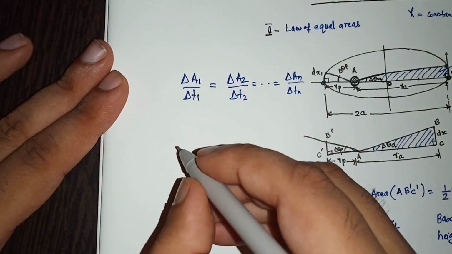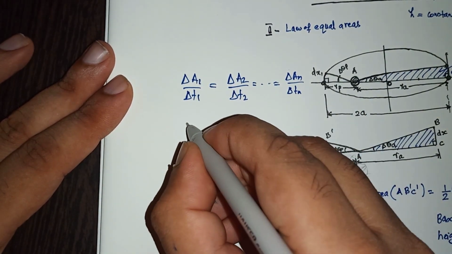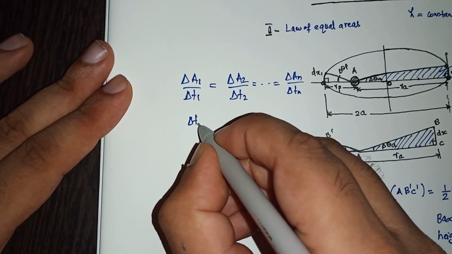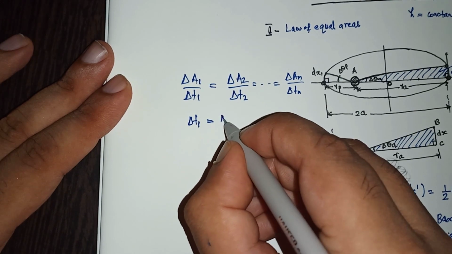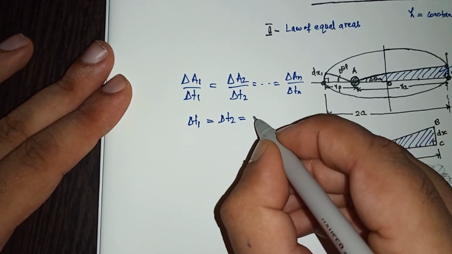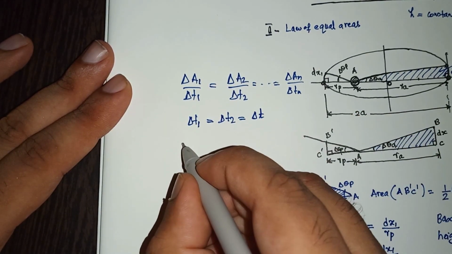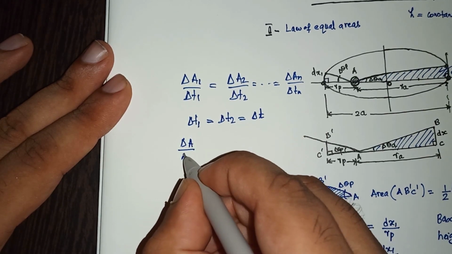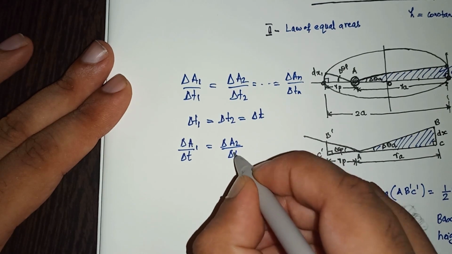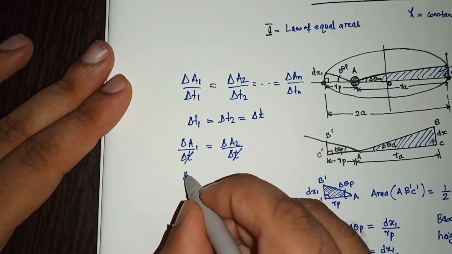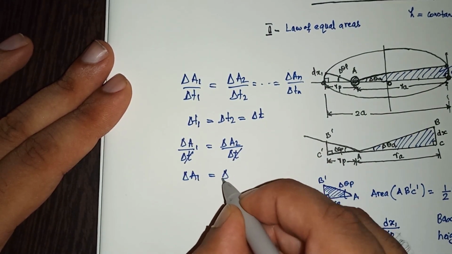So why is it called the law of equal areas? Because if the area is going to be the same for equal time intervals, let delta t1 be equal to delta t2 equal to some time delta t. Then the equation becomes delta a1 divided by delta t equal to delta a2 divided by delta t. So your t gets cancelled off, you end up with delta a1 equal to delta a2.